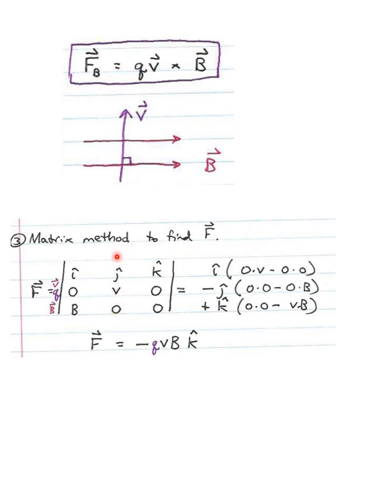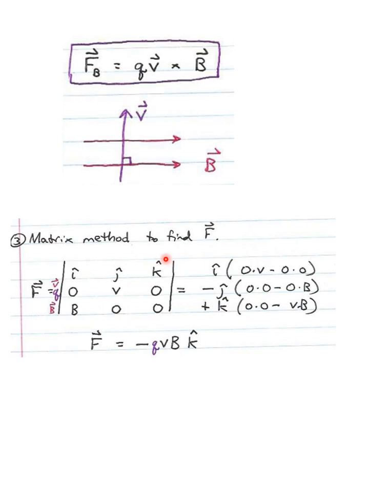Next, you subtract j hat times the determinant of the 2 by 2 matrix that you get when you eliminate the row and column that j hat are in. So it's going to be this 0 and this 0 and this B and this 0. So 0 times 0 minus 0 times B, and all that zeroes out.